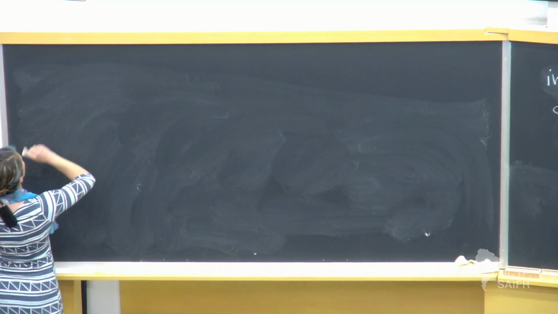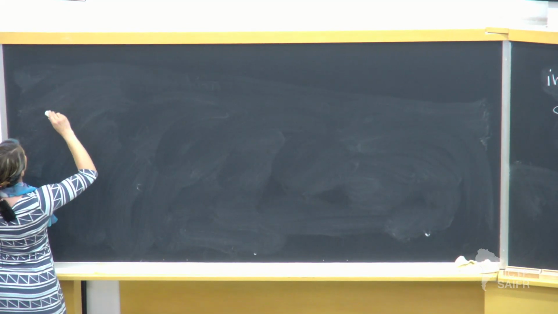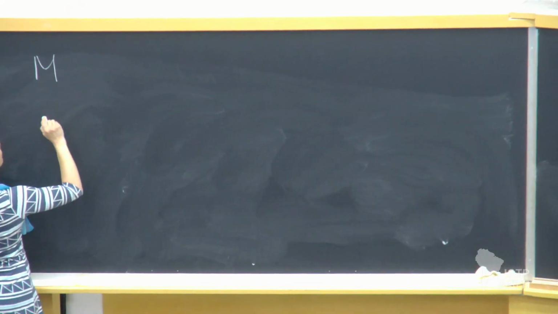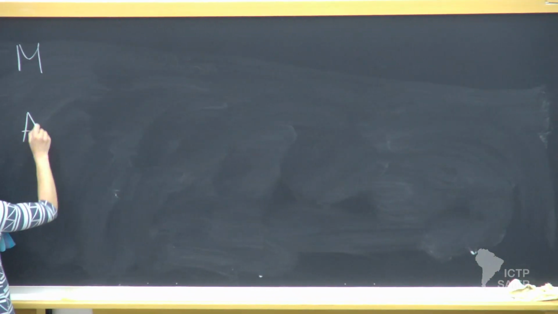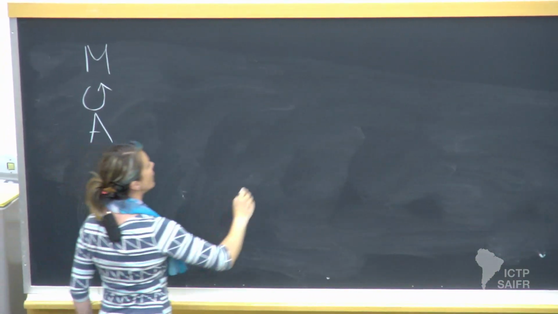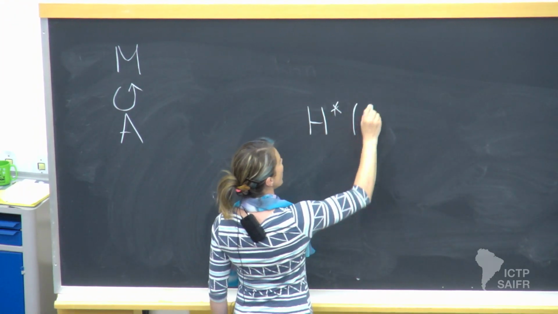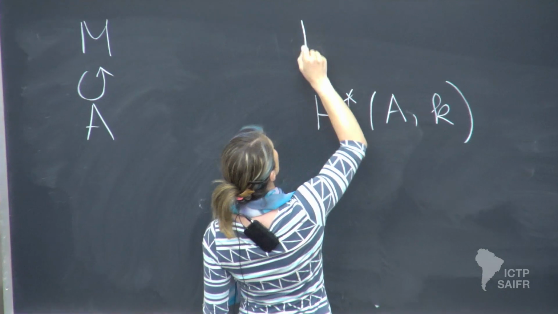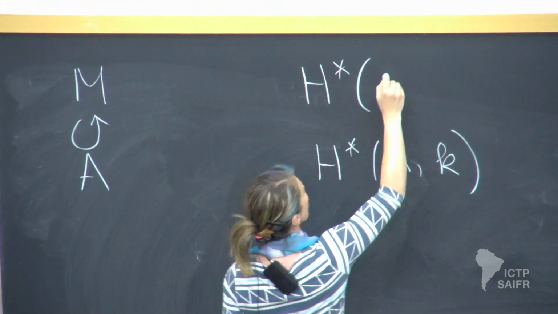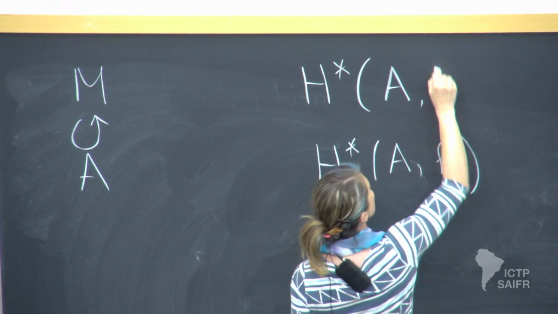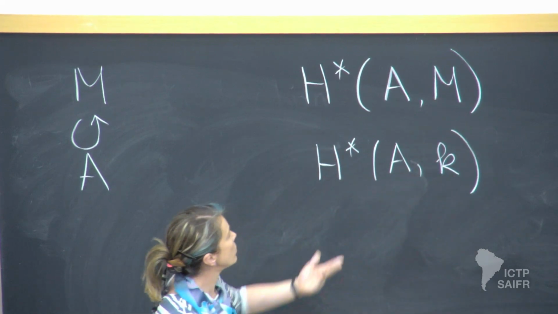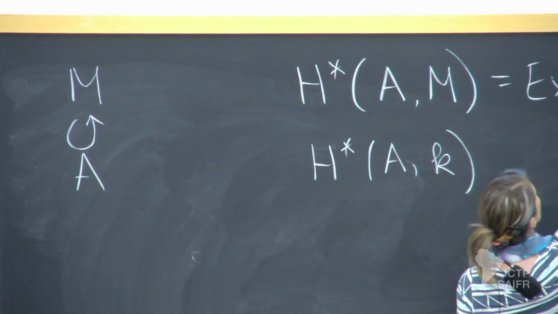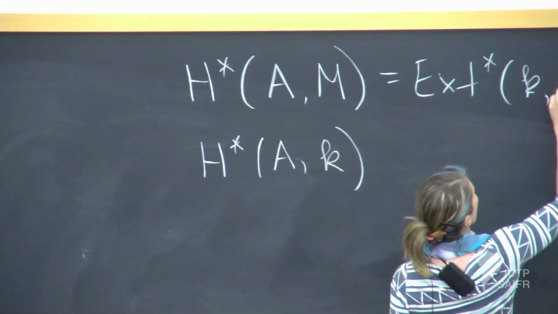So, in more down-to-earth terms, we have a module M. So A acts on it. Have cohomology ring, Ext(k,k). And I can also look at cohomology algebra, or cohomology module. So again, M is a module, so there is an Ext(k,M).